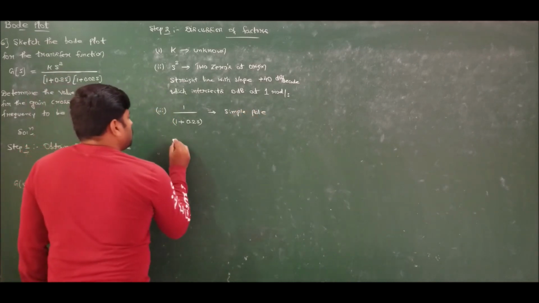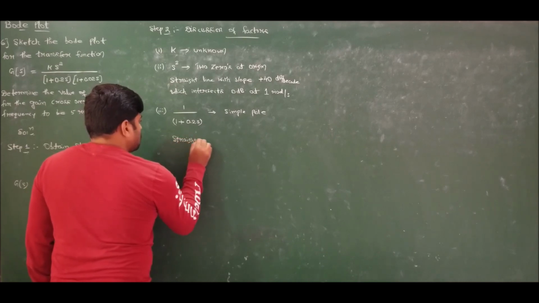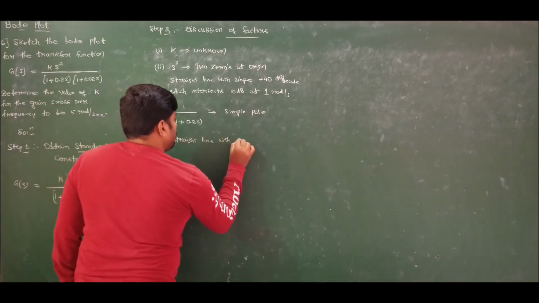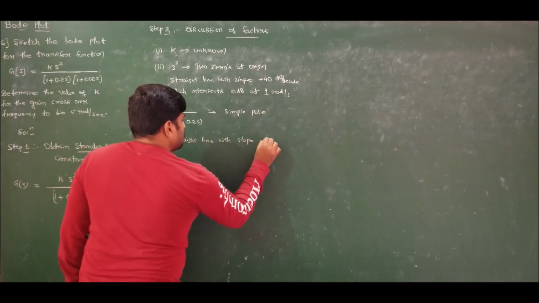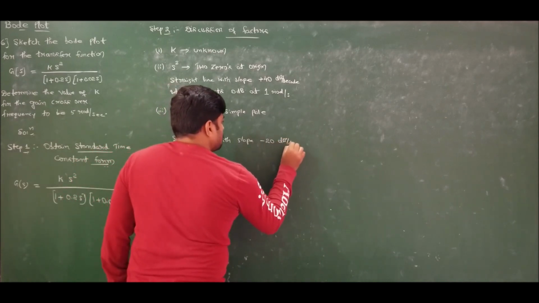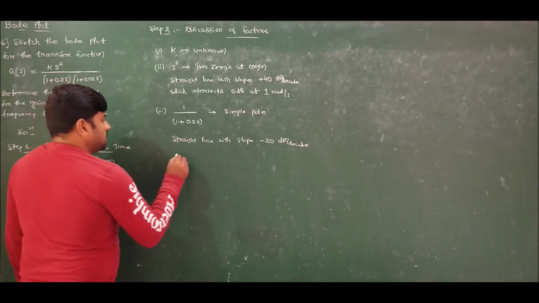Now for a simple pole, it is a straight line with slope. For a simple pole, the slope is minus 20 decibels per decade. This we have already discussed. Now, what is the corner frequency?